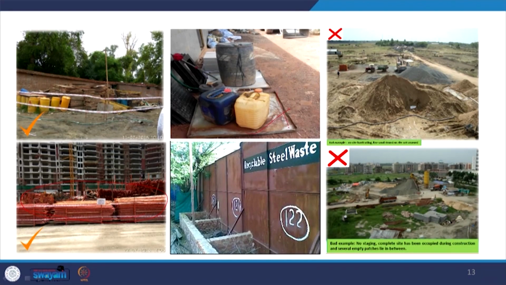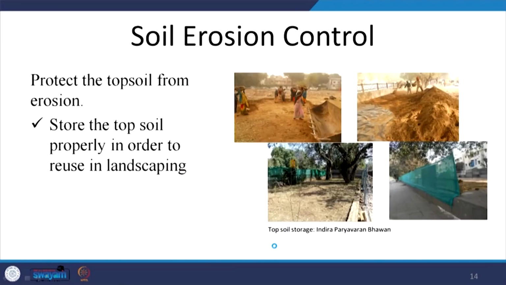So chemicals on a proper sheet of metal plate, proper cubicles being made, areas being delineated, categories to sort different categories of waste. All that will come as part of the construction management plan, which will help in reducing and preventing the spilling on site.